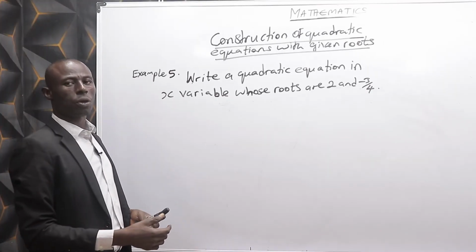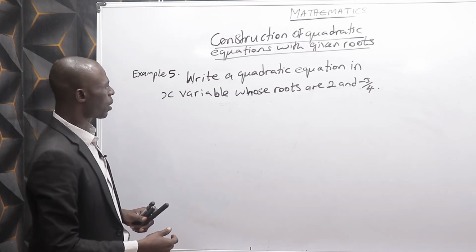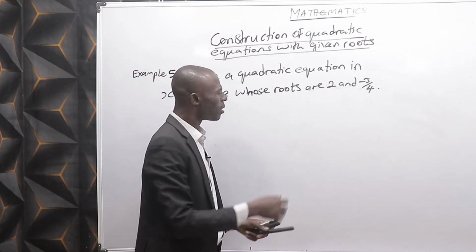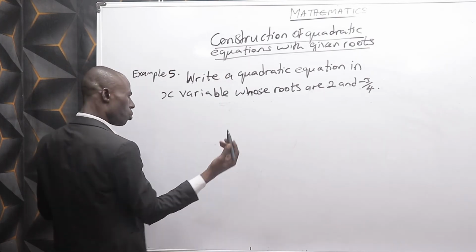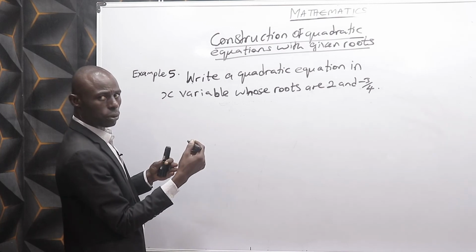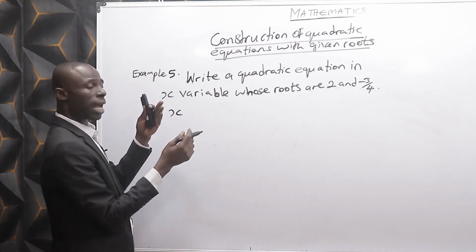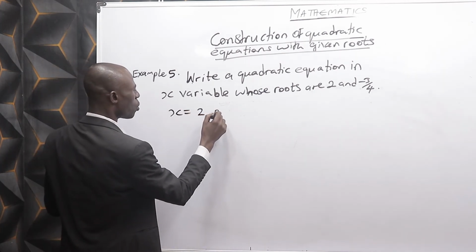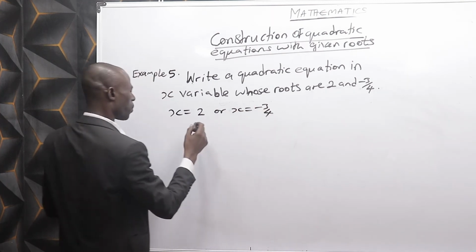The last example under this subtitle, example 5. Write a quadratic equation in x variable whose roots are 2 and minus 3 over 4. Using the previous example method, we write, since it is in x variable, x is equal to 2 or x equals minus 3 over 4.